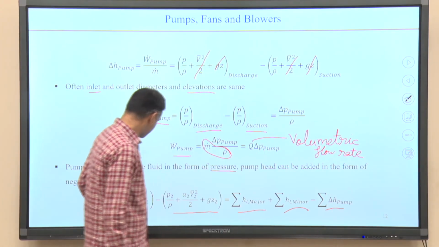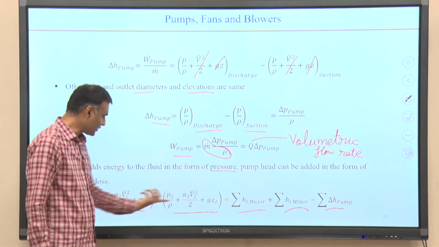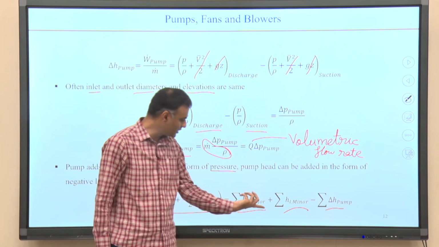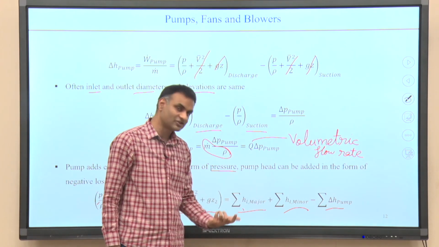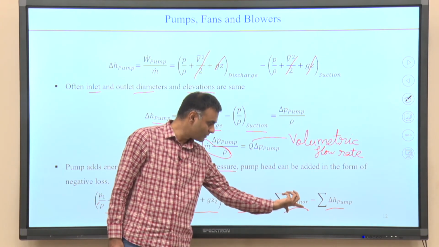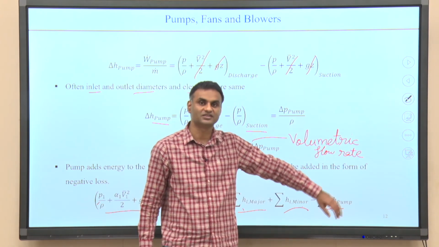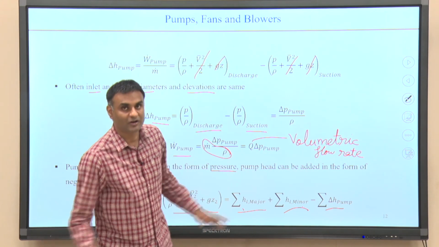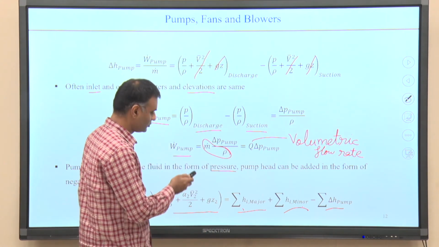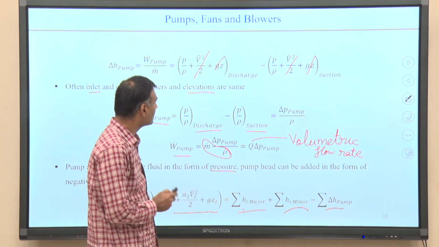So, it is the energy lost between point 1 and point 2 that will be equal to the energy lost because of major losses, energy lost because of minor losses, and minus the energy that is gained because of the presence of a pump in your piping system. Okay.